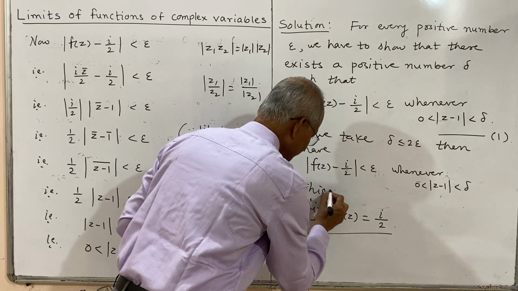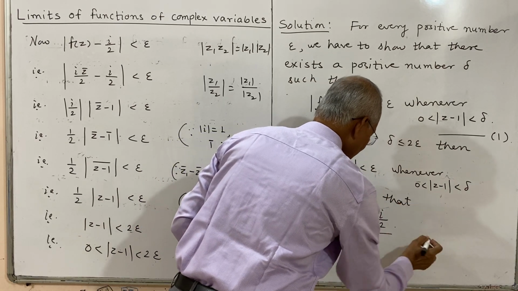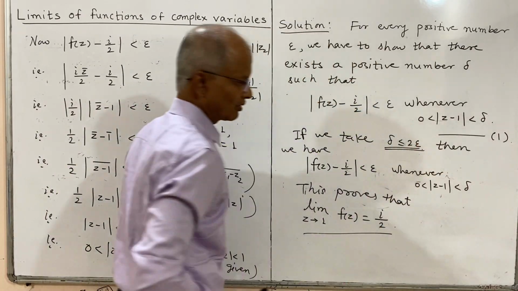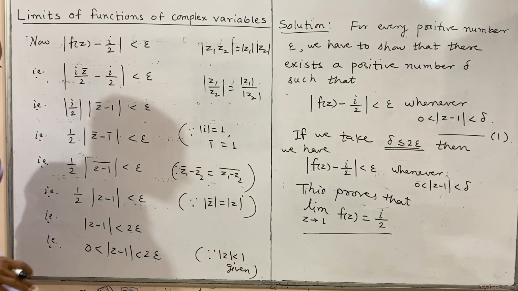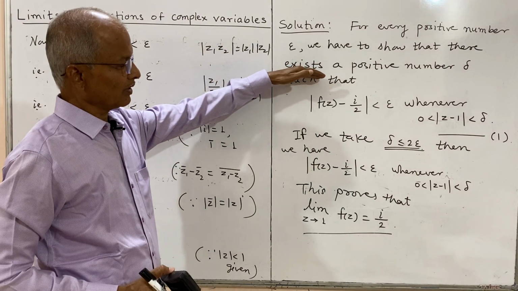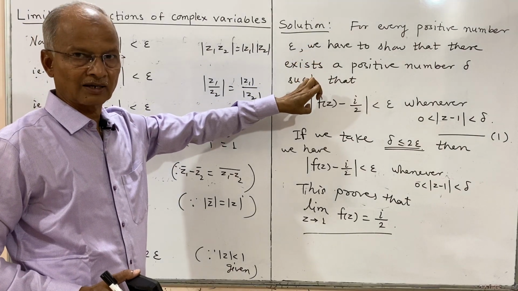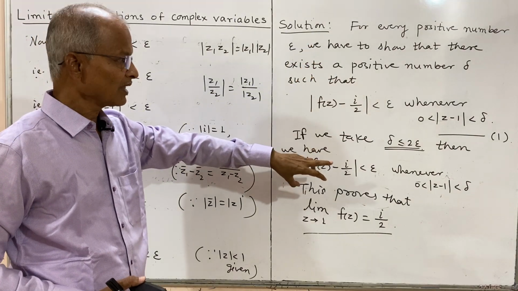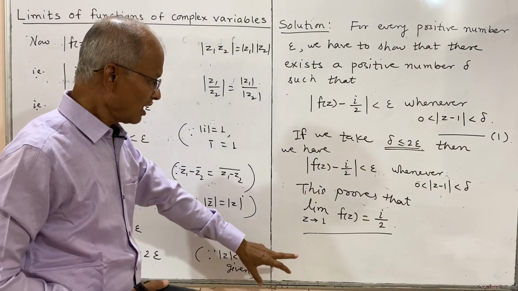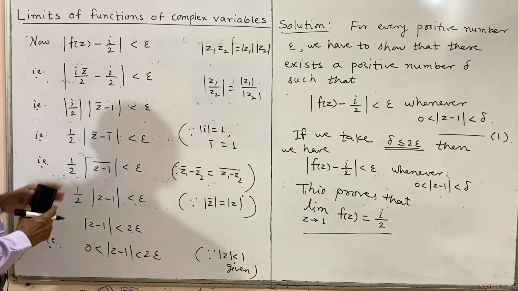This proves that. So we have obtained delta equal to 2 epsilon or less than 2 epsilon, and thus our purpose is served, because we needed to find delta, and we have obtained such a delta satisfying this condition according to the definition, and therefore this proves the limit.